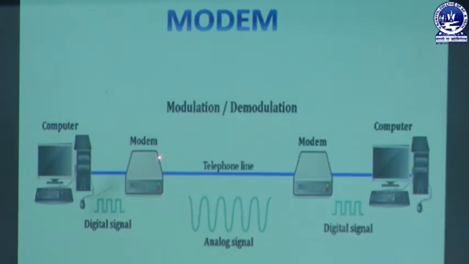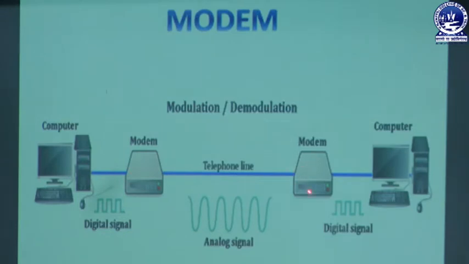So modem helps to link digital systems with each other through analog signals. In this way the modem converts the digital signal to analog signal, which is done by the modulator at the sender side.